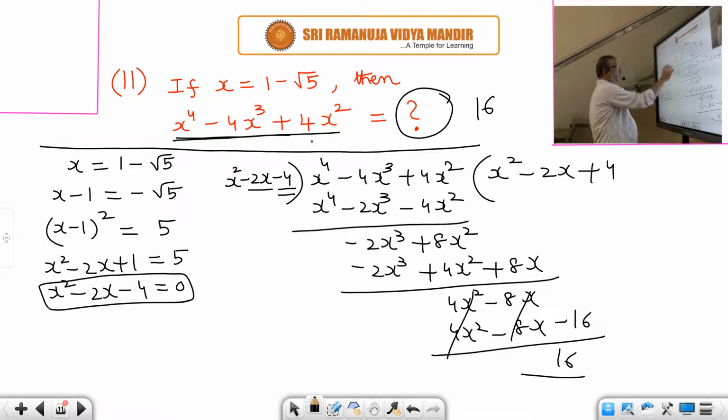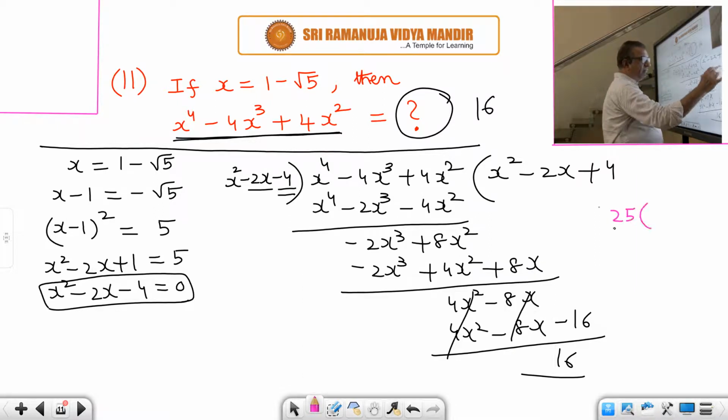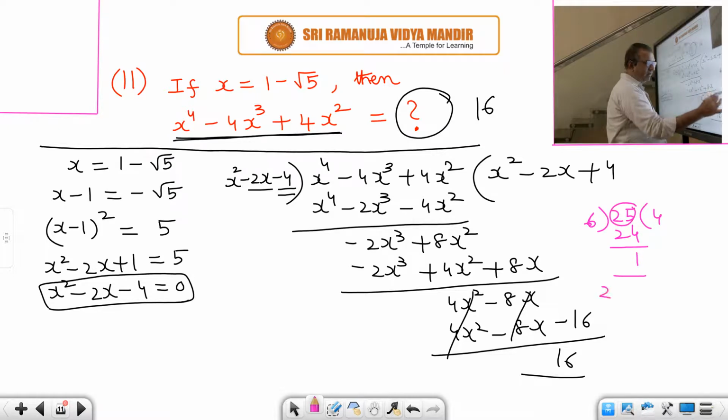That means x power 4 minus 4x cube plus 4x square is 16. How? Like this. Suppose you have 25 divided by 6. 6 fours are 24, remainder 1. Then this 25, that is the dividend, is equal to what?